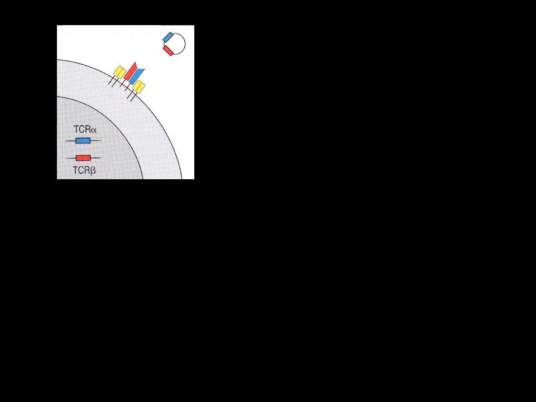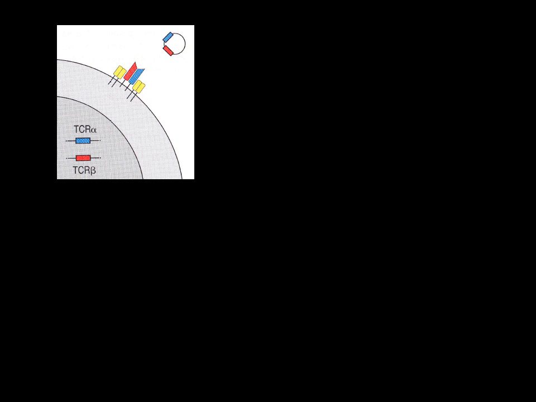Another approach that has excited much interest is to transfer tumor-specific T-cell receptor genes using retroviral vectors into patients' T cells before re-infusion. This can have long-lasting effects as a result of the ability of T cells to become memory cells, and there is no requirement for histocompatibility as the transfused cells are derived from the patient.